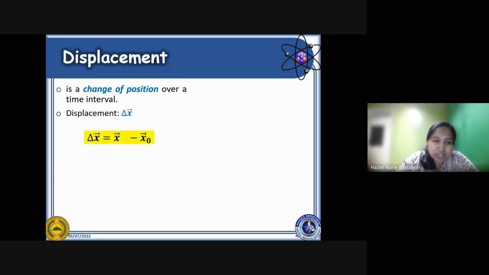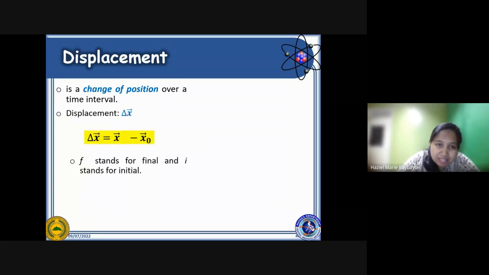It can be written as delta x. Delta here means change. So this is equal to x final, or the final position.